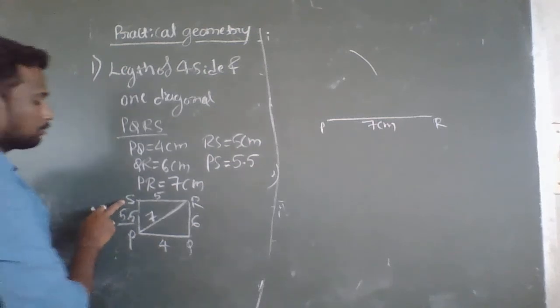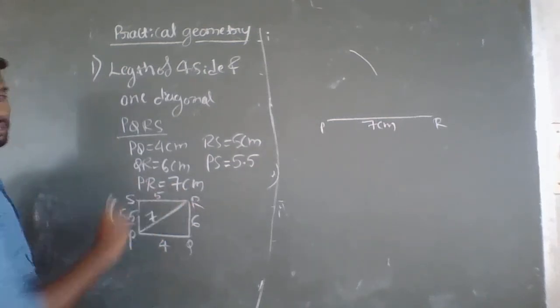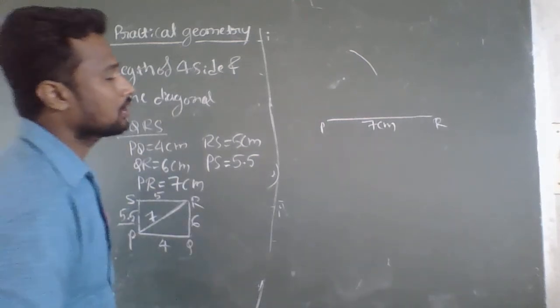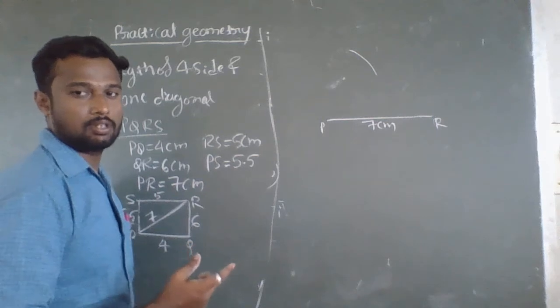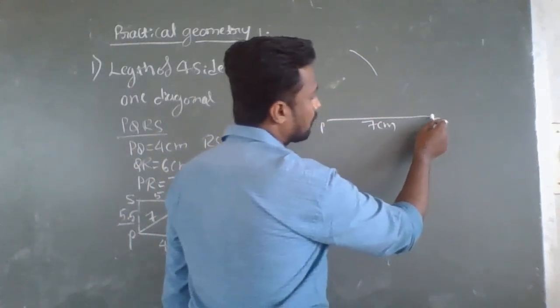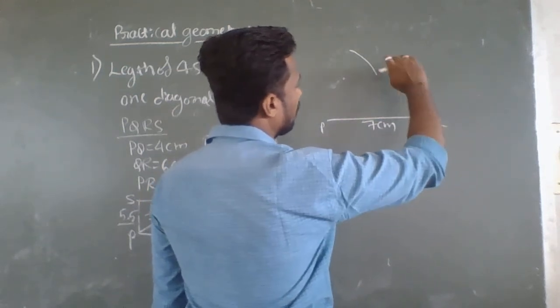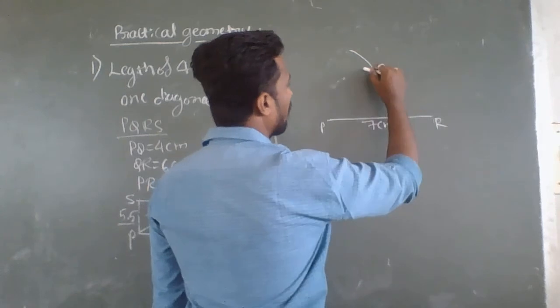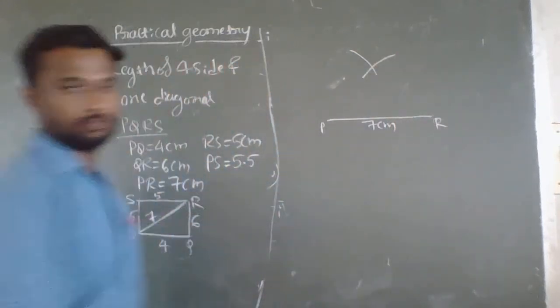Now again, this point S is 5 centimeters from R. Take a measurement of 5 centimeters in the compass, place the needle of the compass on point R and draw an arc from point R, which is 5 centimeters.